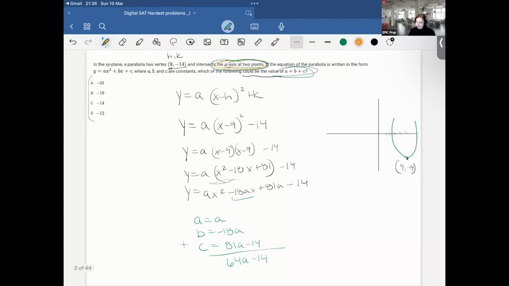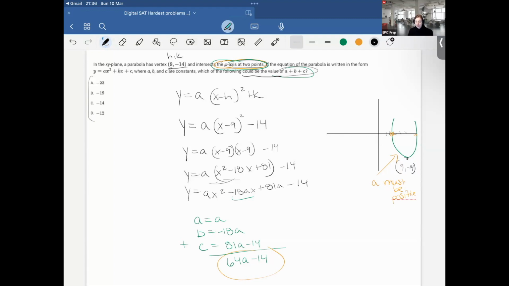Okay. So I know that if it opens upward, that means that a must be positive. Lucky for us, I'm given an equation here, 64a minus 14, that I can solve for a.